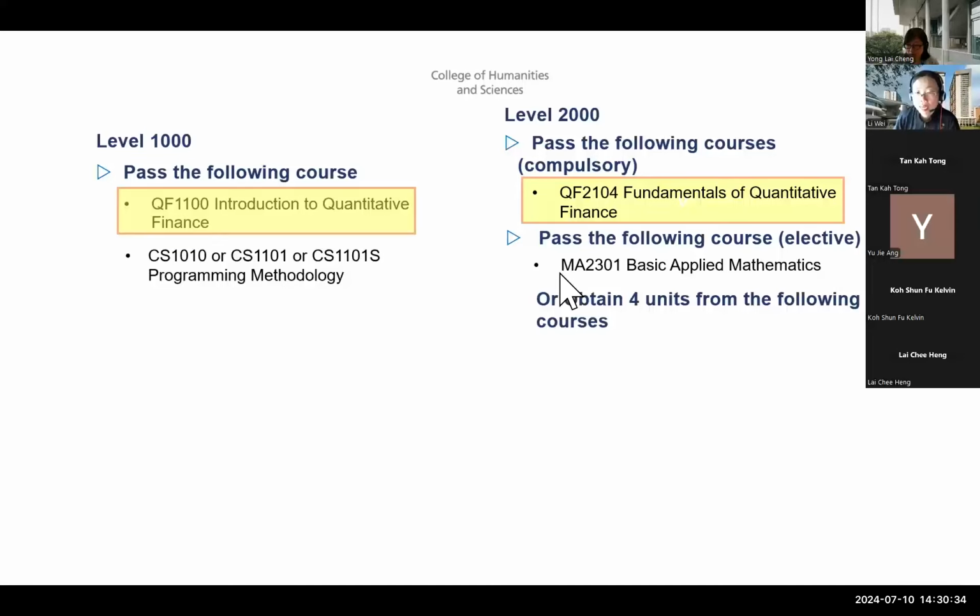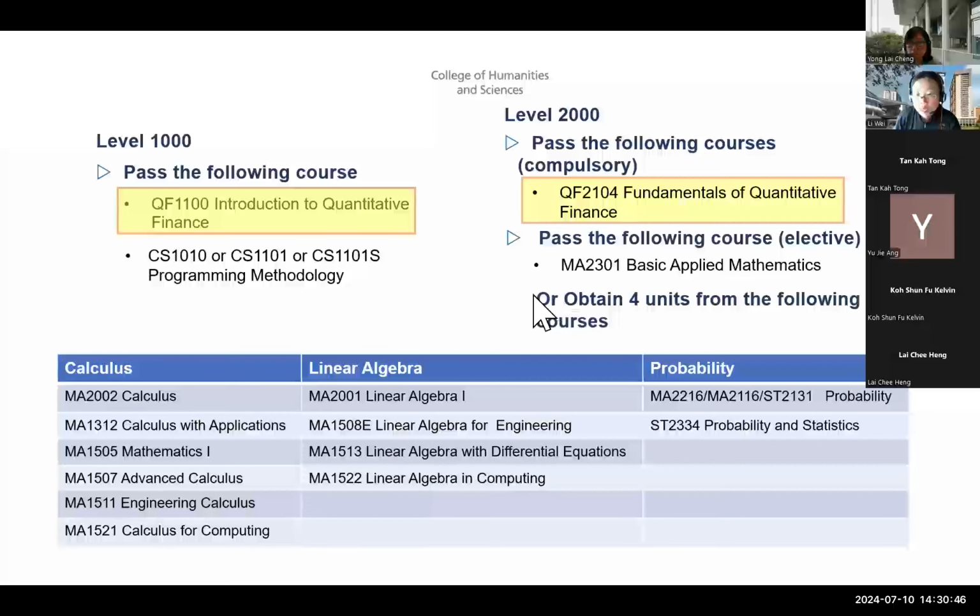One option is that you take the course MA 2301. MA 2301 contains the probability, linear algebra, and calculus in it. And the other option is that you can obtain 4 units from the list of calculus, linear algebra, and probability courses. Why do we have these 2 options?